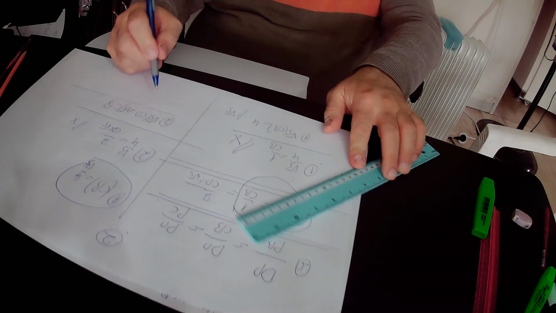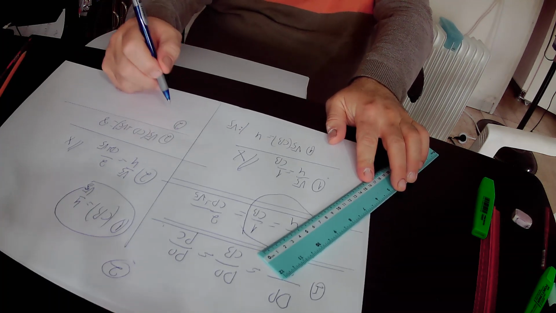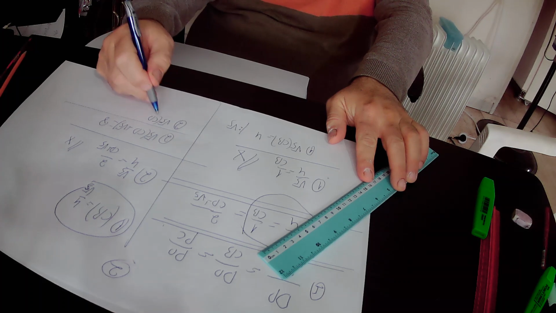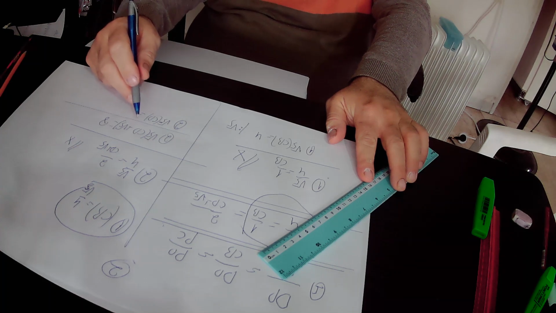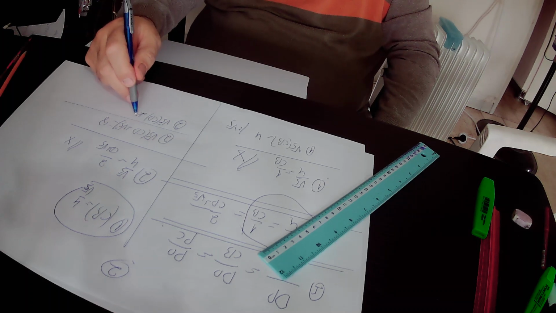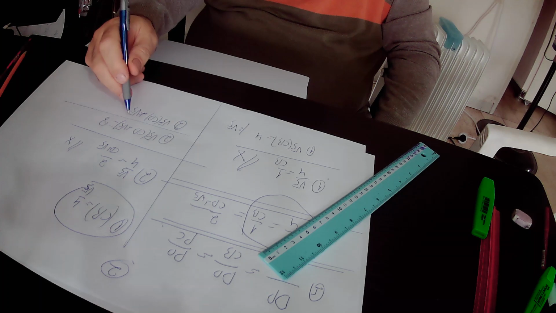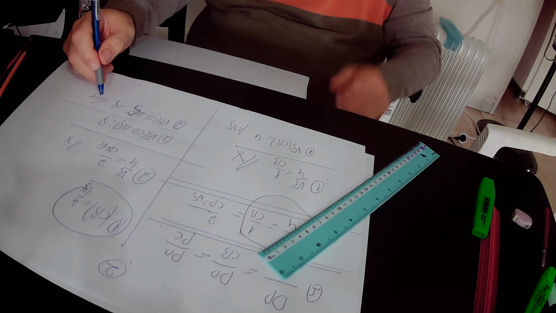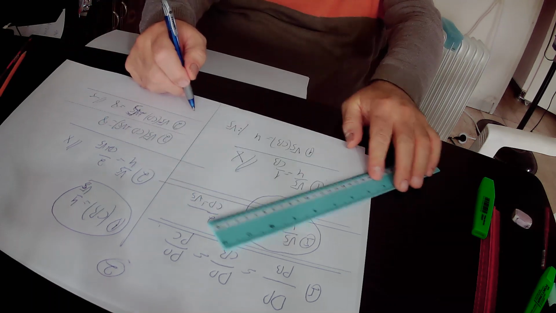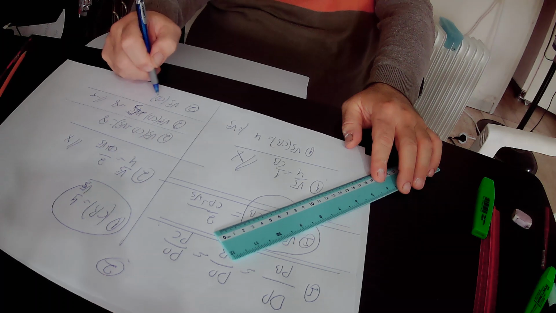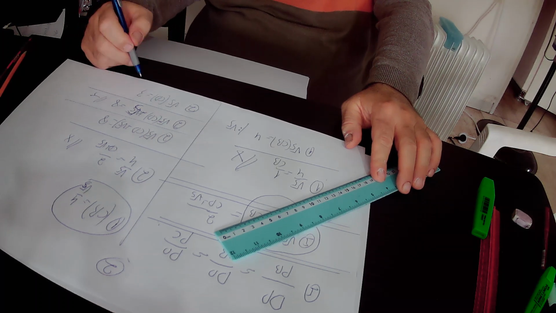Here we open the brackets, and we get square root of 5 times CD plus square root of 5 times square root of 5, which is 5, equals 8. Here we subtract 5 from this equation, and we get that square root of 5 times CD equals 8 minus 5, which is 3.